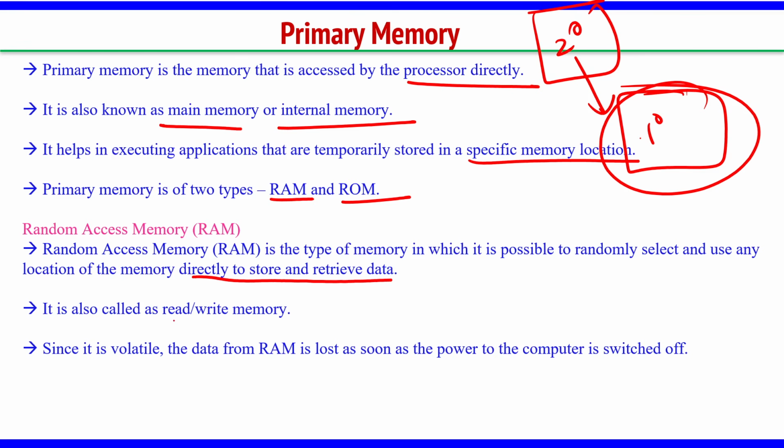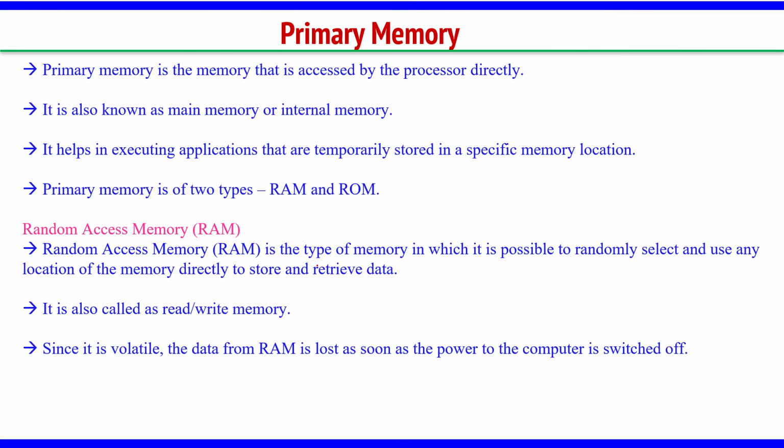It is also called read-write memory. And the most important point is it is volatile in nature. Volatile means RAM loses the data as soon as the computer is switched off. Whatever data was stored in RAM will be erased. So RAM is volatile memory.